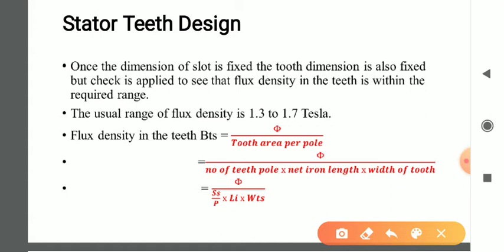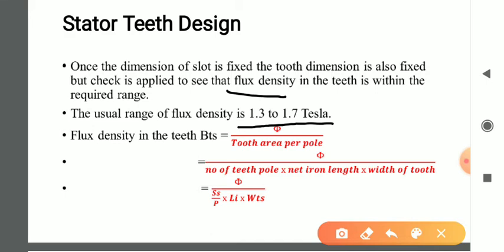But we need to check whether the calculated size of the slot is maintaining the flux density in the range or not. The usual range of the flux density is 1.3 to 1.7. So whenever we calculate the size of the slot, it should maintain the flux density between 1.3 to 1.7.